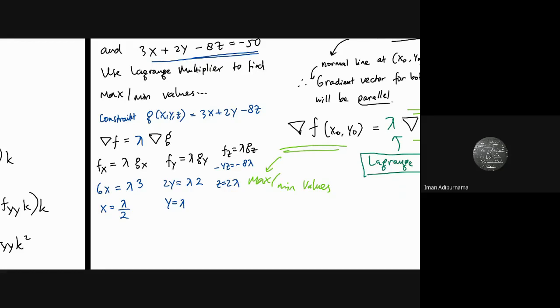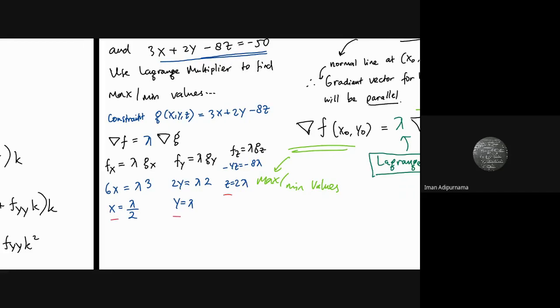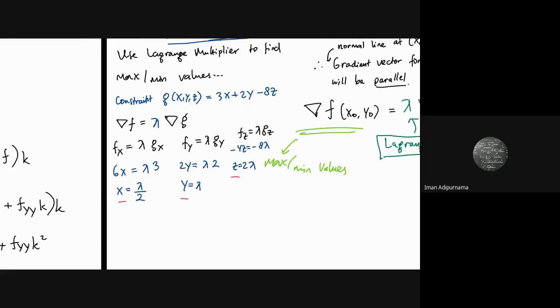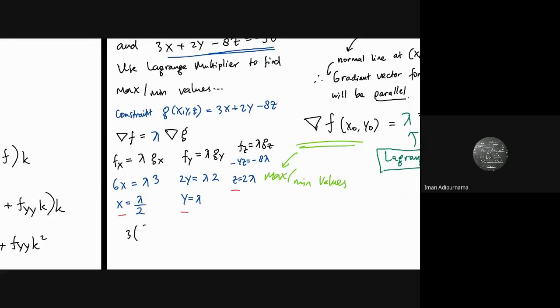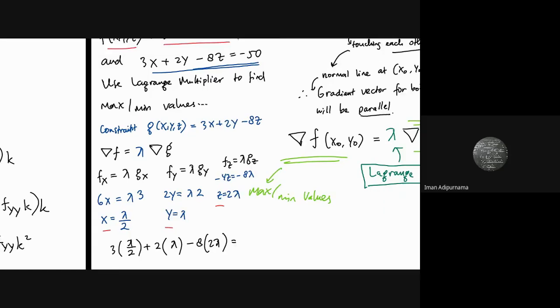So we have x, y, and z. And there are several methods to solve. Okay, but basically what you need to do is find the relations between x, y, z and lambda. And either way, you can take it to the constraint for all the lambda and take back to the original constraint.